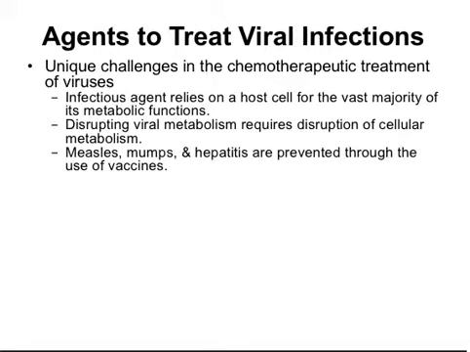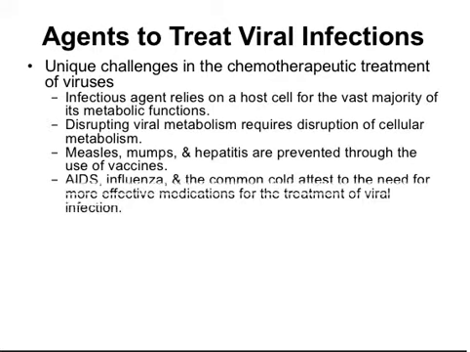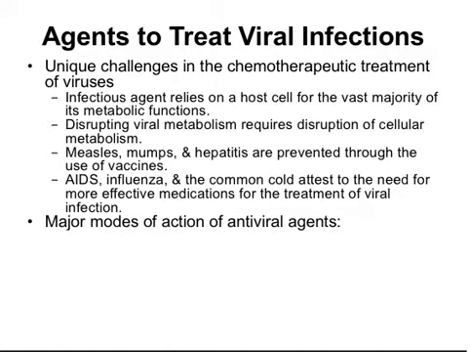That's totally different than trying to deal with an infection that's already been established by a virus. AIDS, flu, and the common cold attest to the need for more effective meds in the treatment of viral infection.